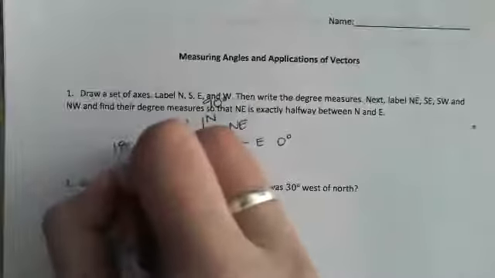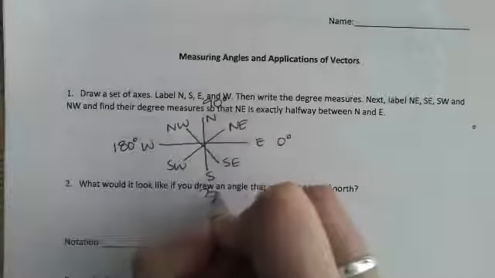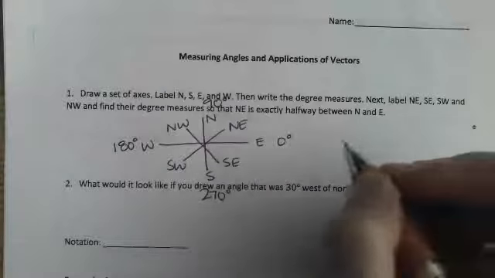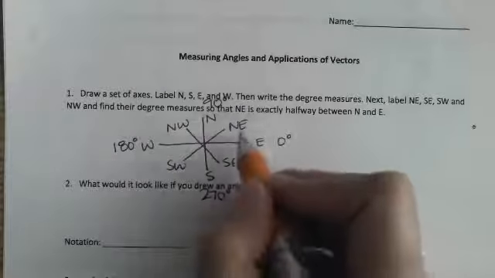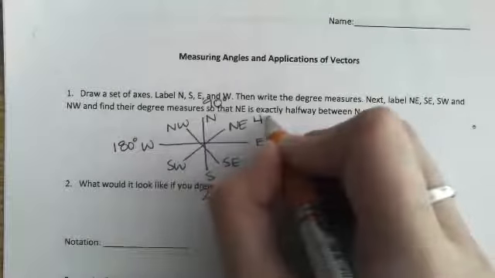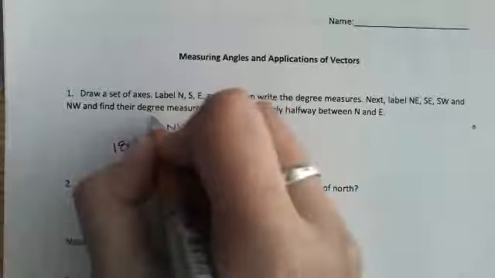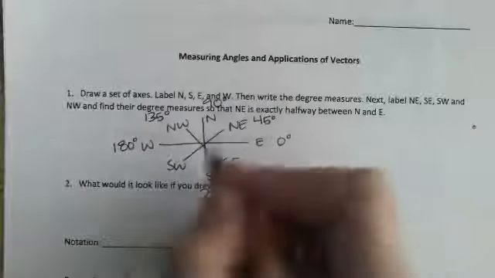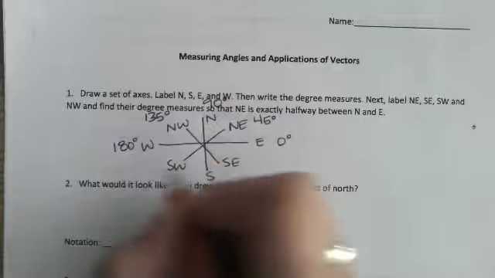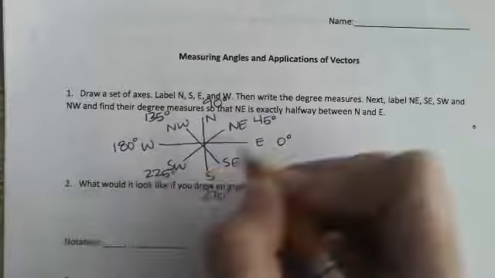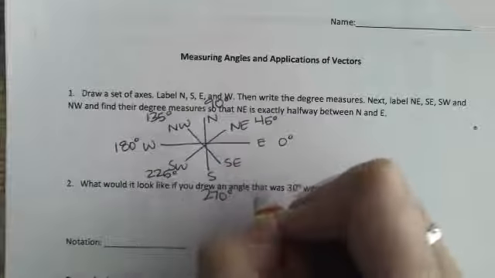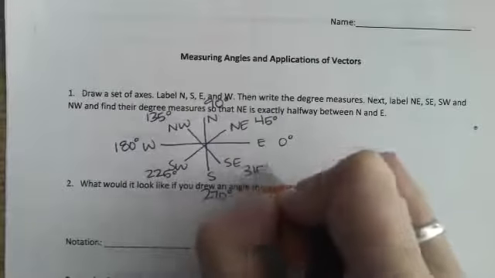Here we have 180 degrees for west, 270 degrees for south. And so directly in between, if we were talking about northeast, we would say 45 degrees. Northwest would be 135 degrees. Southwest would be, what is that, 225. And southeast would be 315.